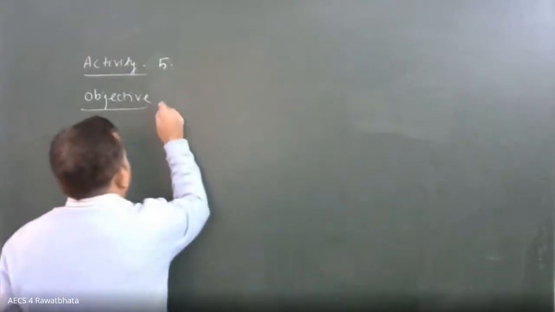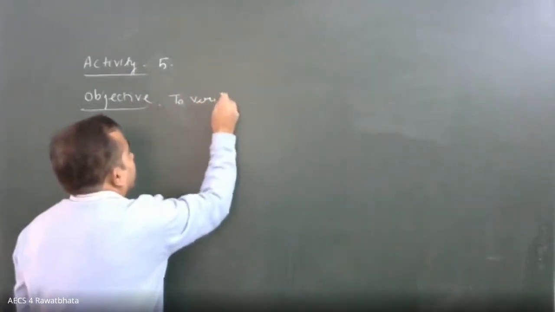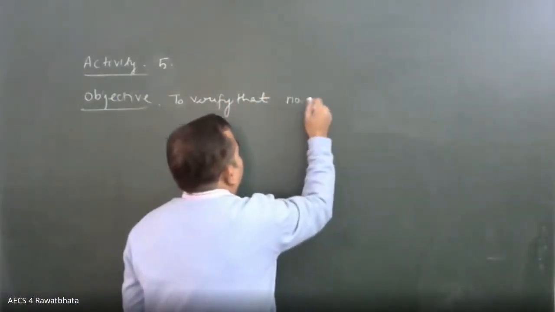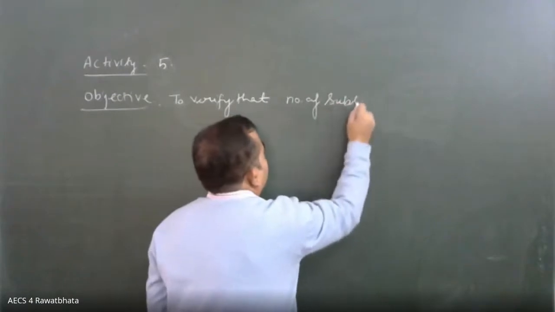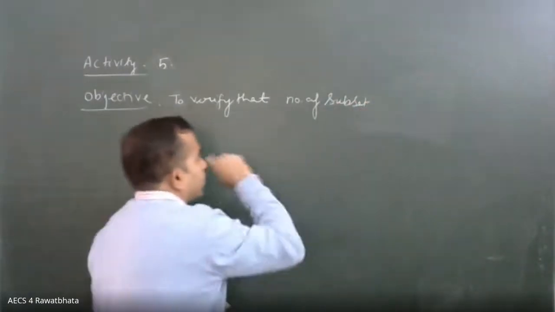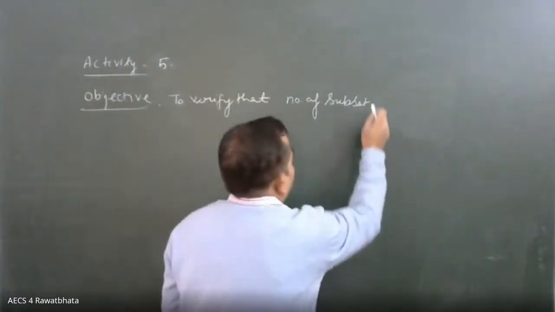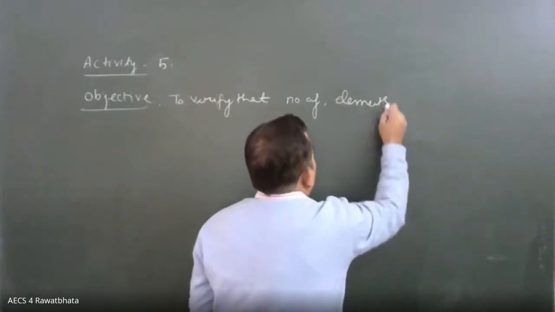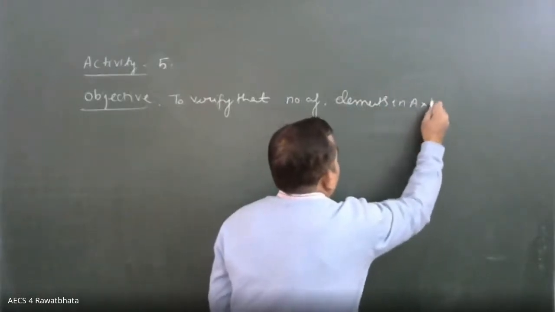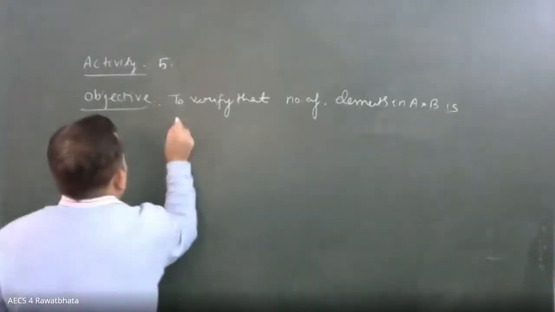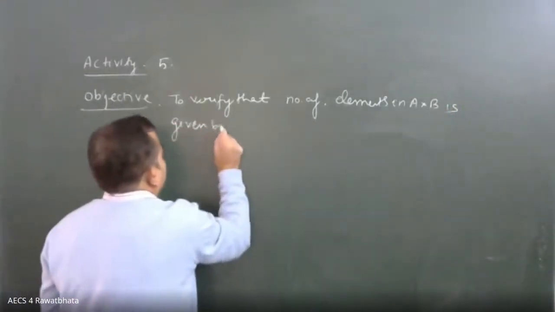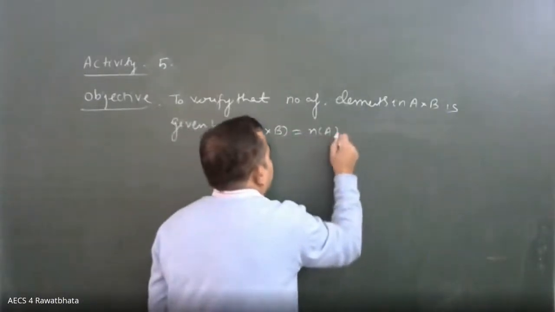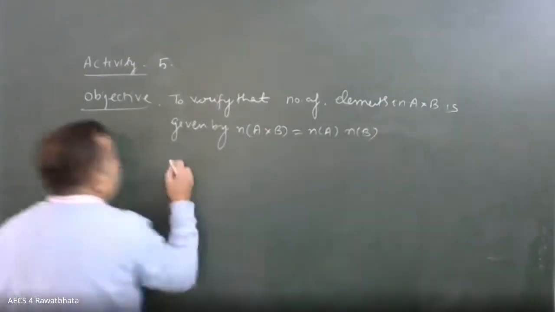Now for this, the objective is to verify that the number of elements in A cross B is given by n of A cross B equals n of A times n of B, है ना?